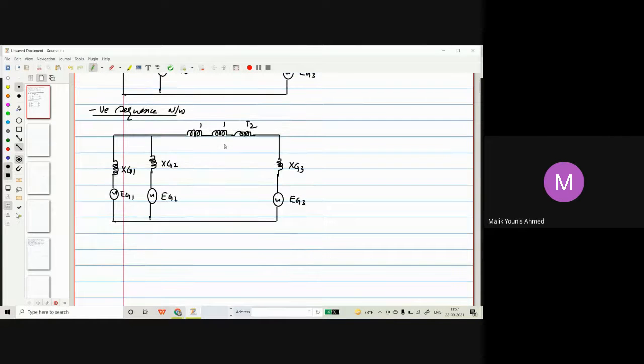In the negative, what do we have to do? We have to change only the voltage sources; we remove the voltage sources. This we are going to remove, this we are going to remove, this we are going to remove. The rest will all be the same. There will be no problem in the rest.